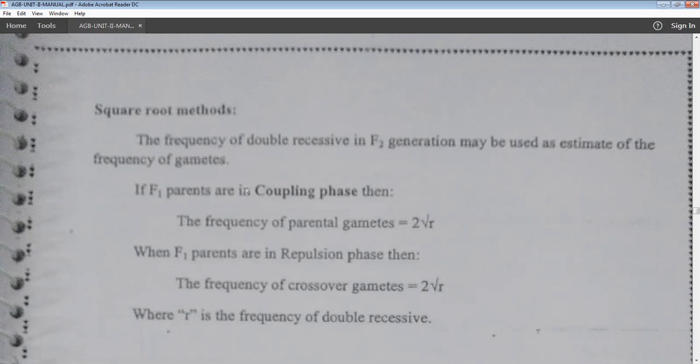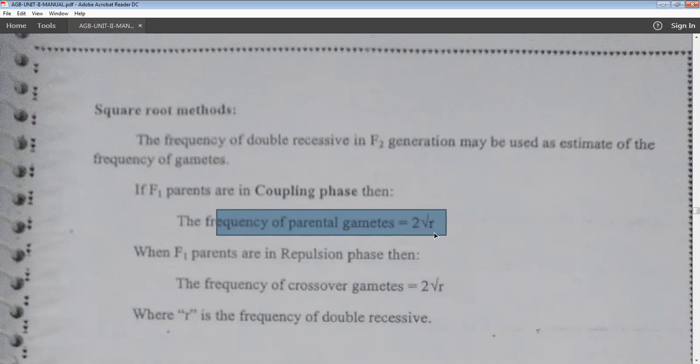Similarly, there is another method. If the F1 parents are in the coupling phase, the frequency of the parental gametes is 2 square root of r, where r is the recombination percentage or recombination frequency.